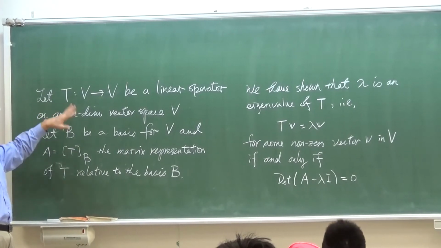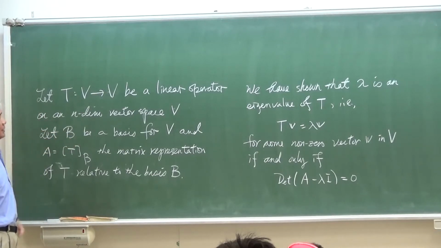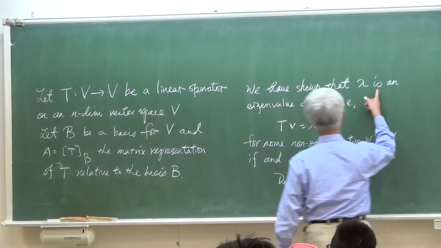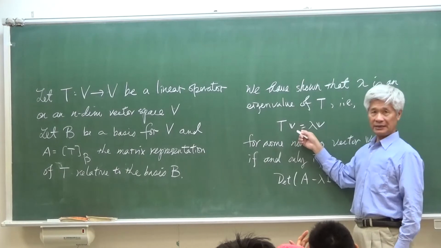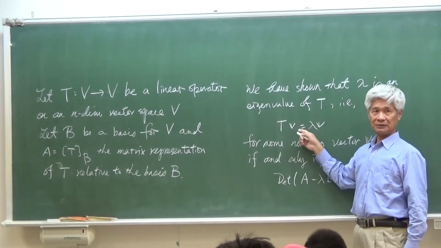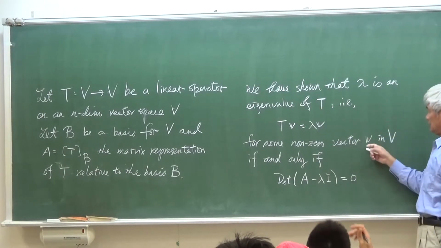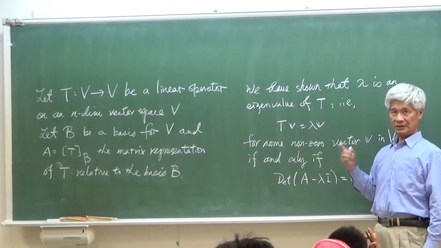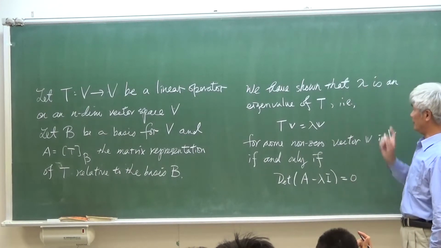All this material you already know. We showed that lambda is an eigenvalue of P means it satisfies the eigenequation for some non-zero vector v. If this is true, then v is the eigenvector associated with this eigenvalue.